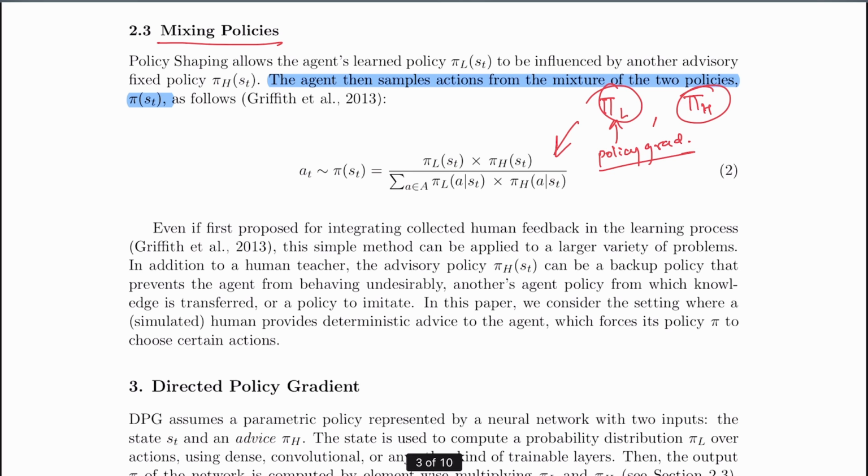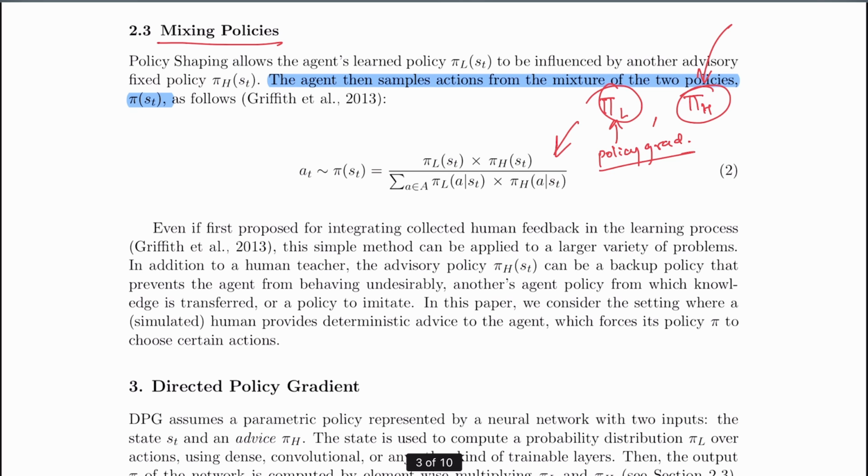Note that in this paper, the term advice is being interpreted as the fact that somehow, directly or indirectly, before using this method, you have access to pi H, which is the policy that a human would give as advice. Now, this policy could be stochastic or deterministic, and they support both of those kinds, and they have a good discussion about what happens in either of those two cases.